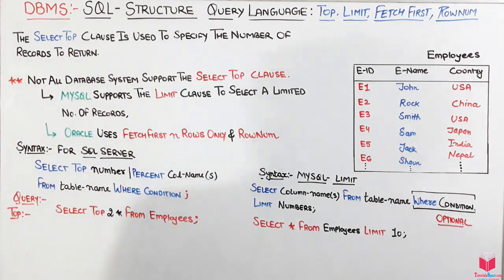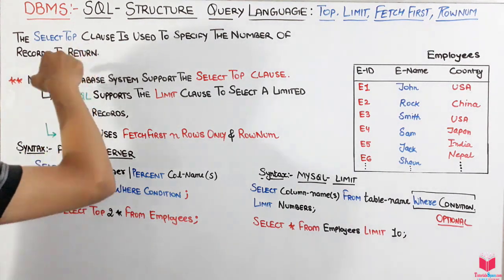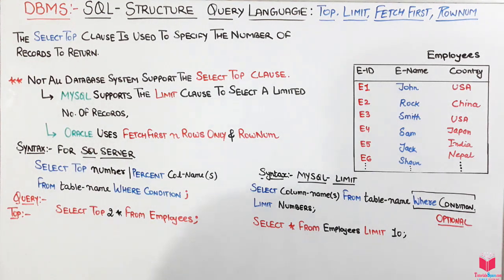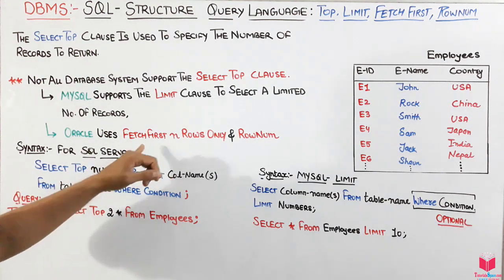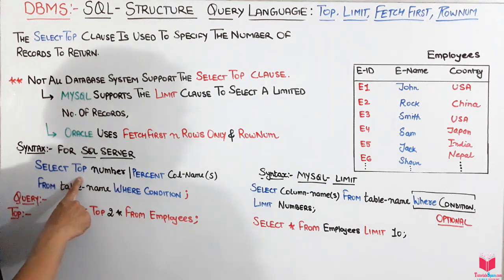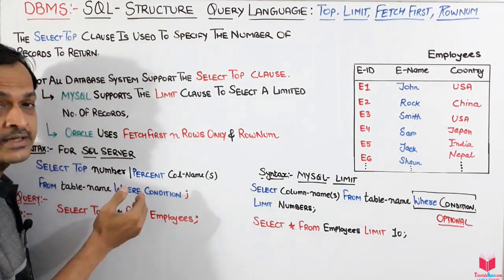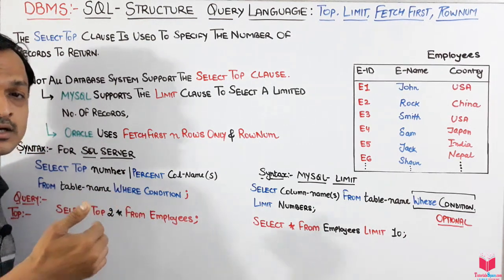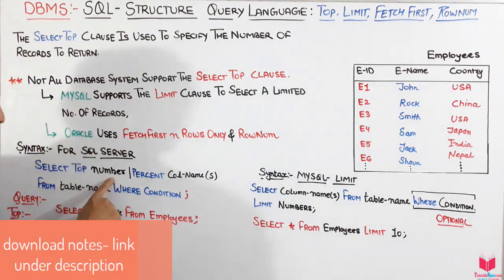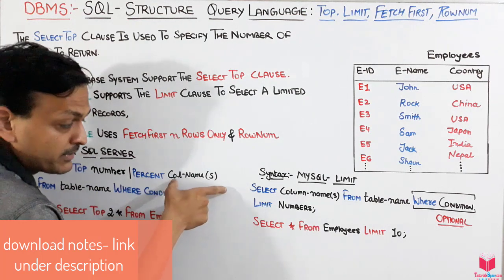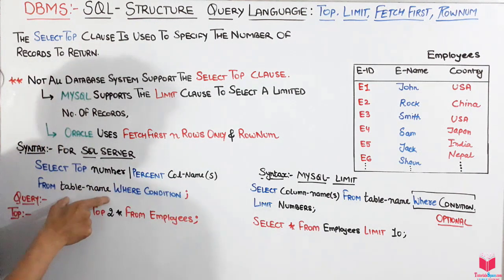After that we will see the syntax for SQL Server, or MS SQL, for using SELECT TOP. SELECT TOP is supported by SQL Server. SELECT TOP number, that is the complete clause, then the number, or we can use PERCENT. How much percent of the data you want to retrieve, the number or the percent, then column names FROM table name.